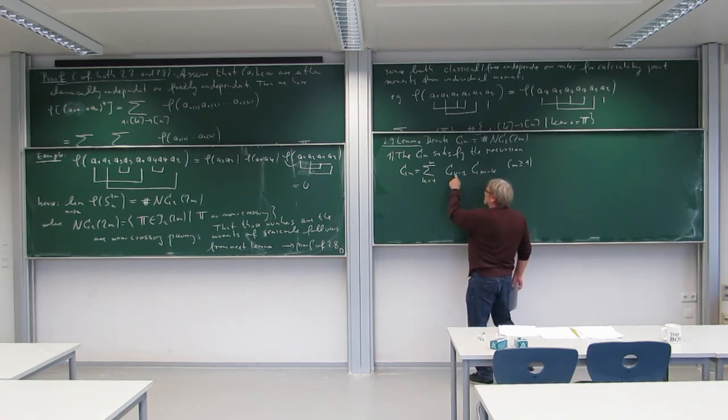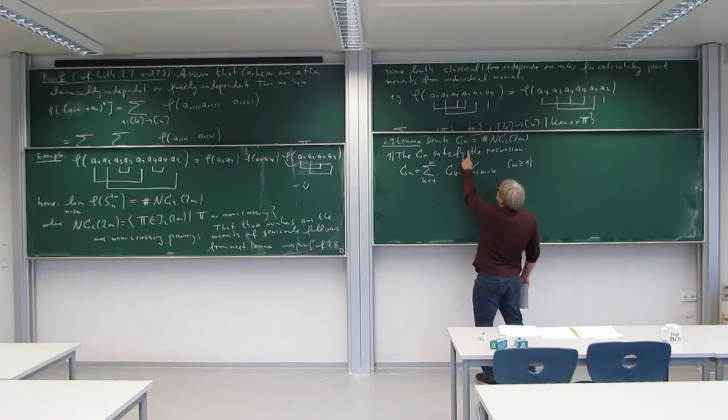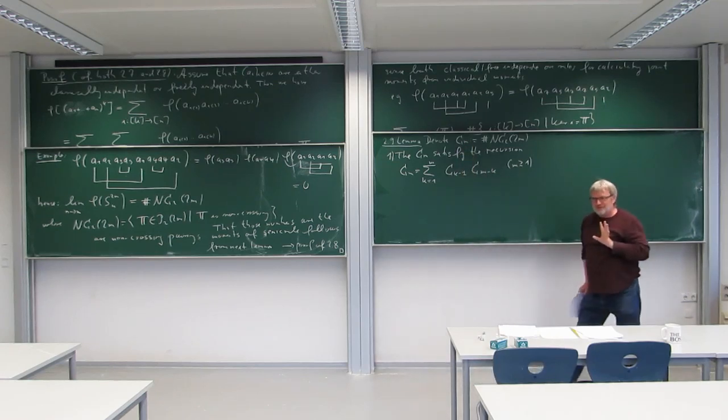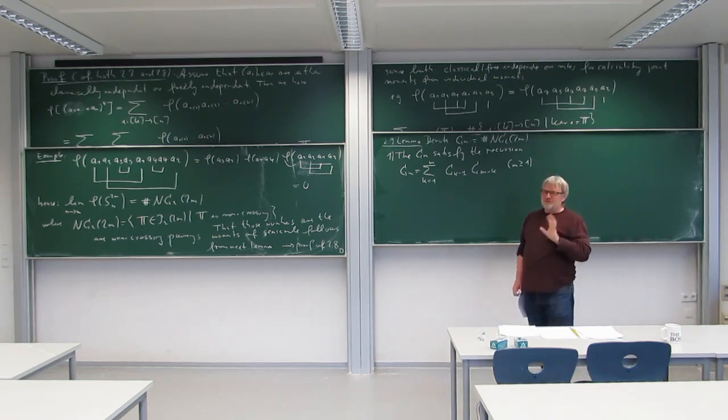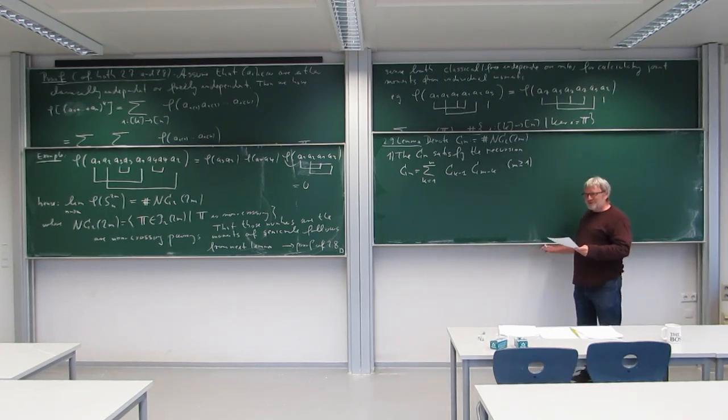But I also get the term C_0. So maybe it's not clear what C_0 is. C_0 is the number of non-crossing pairings of an empty set. It's not clear, but it makes sense to say this is 1. Usually our partitions should not consist of empty sets, but we allow the decomposition of the empty set.